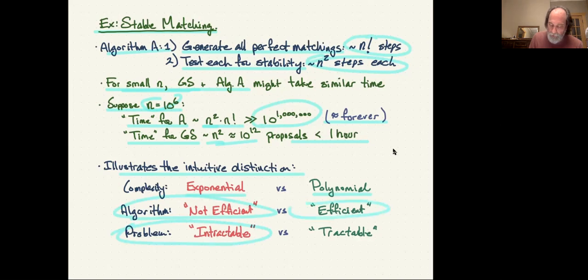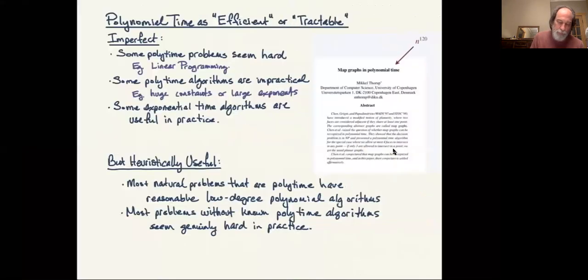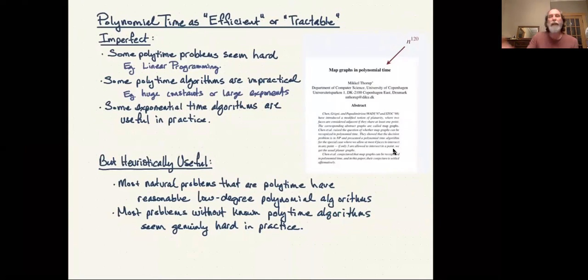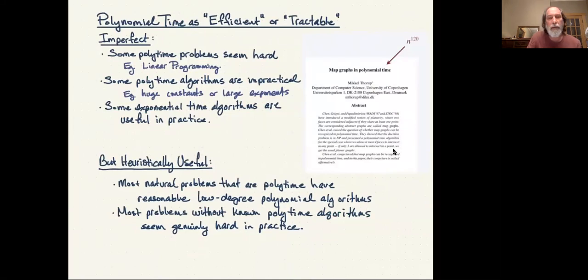And an algorithm we consider efficient if it's polynomial time, and a problem we consider tractable if it has a polynomial time algorithm. Okay, now this is not a perfect distinction, but it's one that theoreticians, and in general in analysis of algorithms, take as a rule of thumb distinction. So we consider efficient as polytime or tractable.